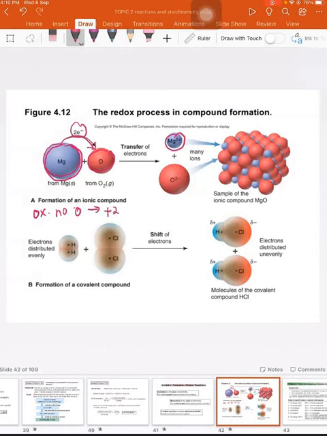Okay, so in redox reaction, if the oxidation number increases, meningkat, makanya kita kata this species undergoes oxidation. Okay, and keadaan akan jadi terbalik for the oxygen, because oxygen dia accept the electron.